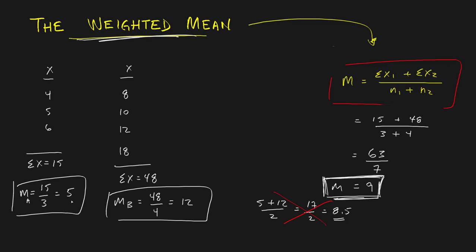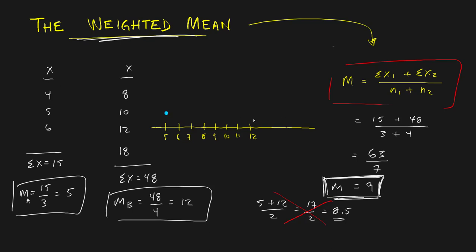Notice between 5 and 12, if you were to draw this out on a number line, let me do that. On a number line where I've got 5, 6, 7, 8, 9, 10, 11, 12, I have one mean originally for group one that was at 5.